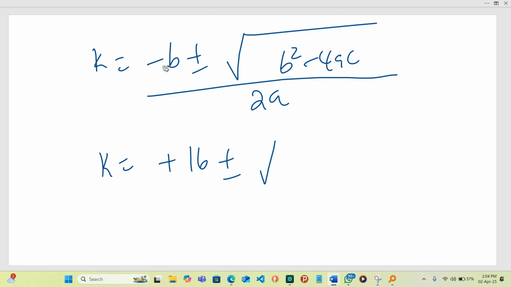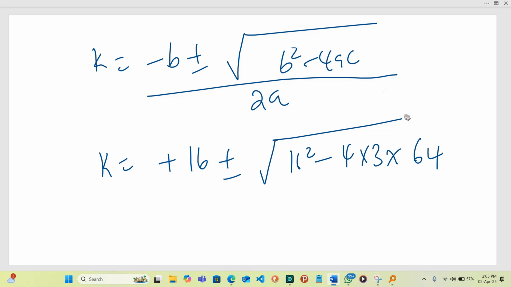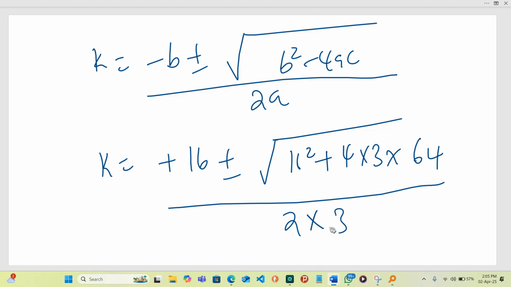So b is minus, so with this minus, they will cancel. So it becomes 16, but with a positive. So 16 squared minus 4 times a, which is 3, times c, which is 64, but minus, making this a positive, then divided by 2 times 3.